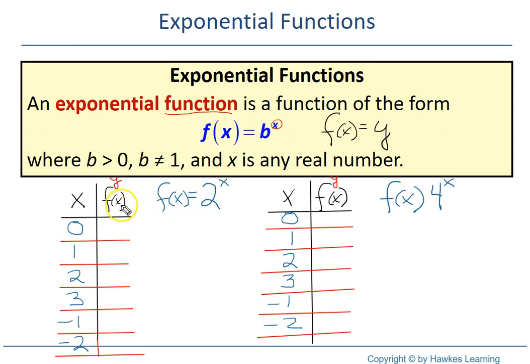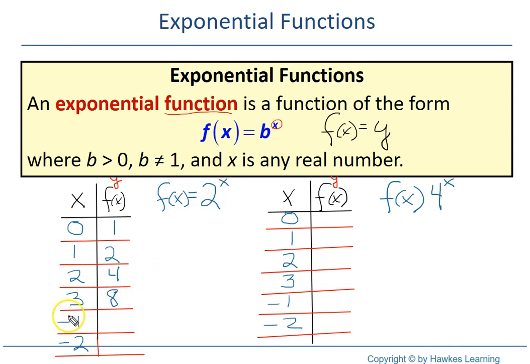Okay, so we now are going to substitute for our exponent here a 0. So 2 to the 0 power is 1. 2 to the first power is 2. 2 to the second power is 4. 2 to the third power is 8.